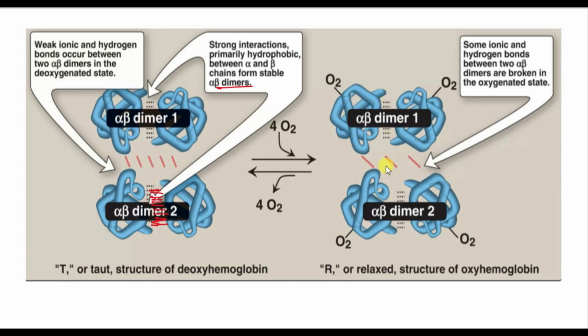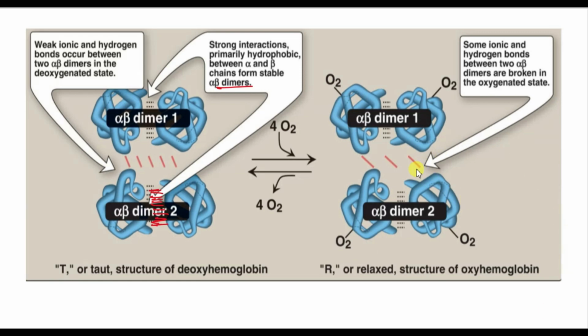And this breakdown of some of these bonds will cause these polypeptide chains to become a bit looser. Once they become a bit loose, the conformation that the hemoglobin now attains is a more relaxed state.